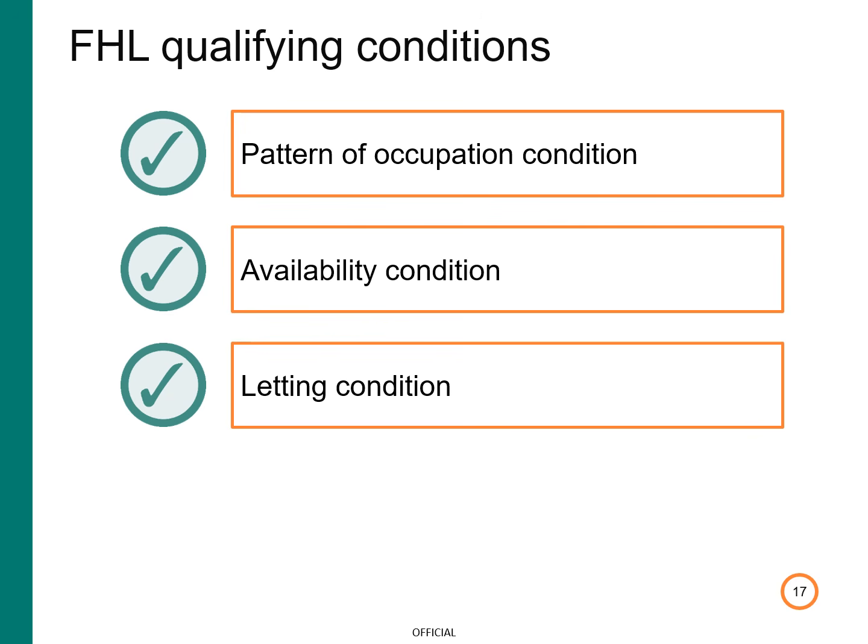We call these the occupancy conditions. They are the pattern of occupation condition, the availability condition, and the letting condition. These conditions refer to what we call the relevant 12-month period. So I'll just explain what this means before we look at the different conditions.